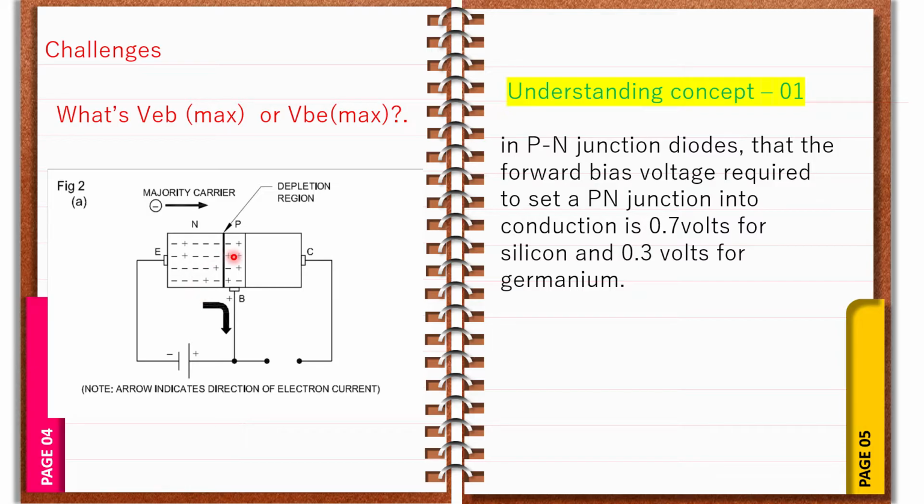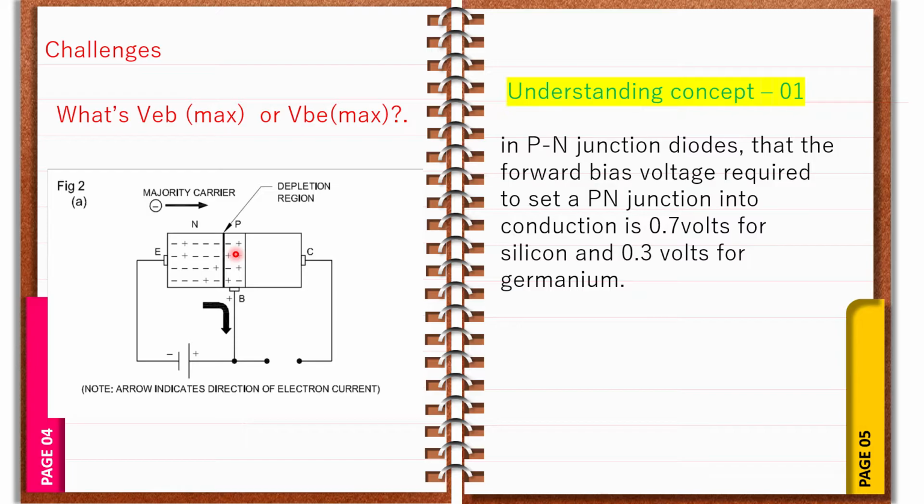Case number 1: suppose this transistor is made of silicon material. Then we need to give a supply voltage of 0.7 volt to make the PN junction conduct, or to switch on the transistor.